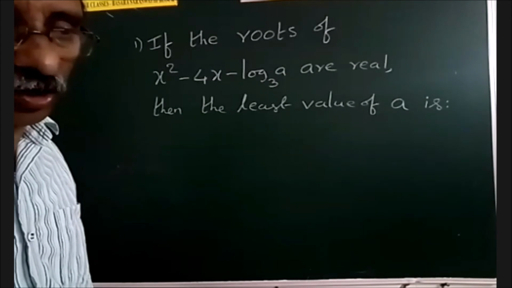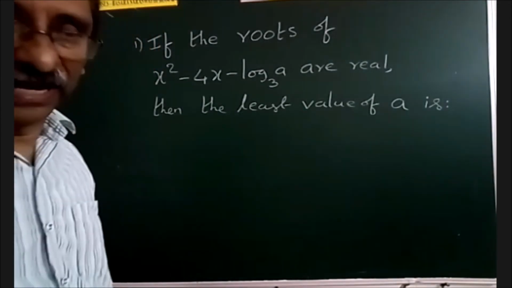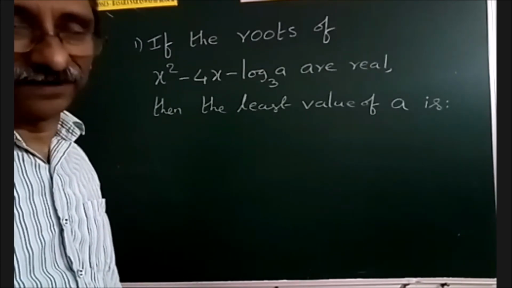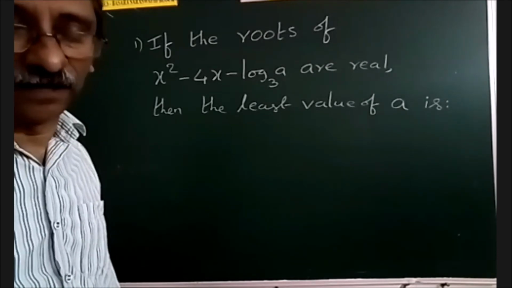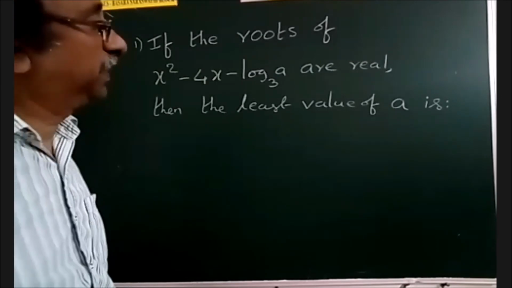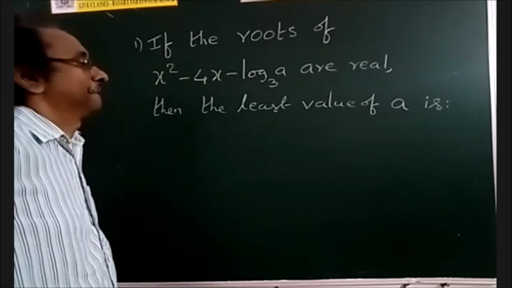Okay, sir. We can do it in that fashion, but because the roots are complex numbers, it is difficult to find alpha by beta and beta by alpha. It is difficult to simplify them. So that's why we did it in another way. Okay, sir. Thank you.